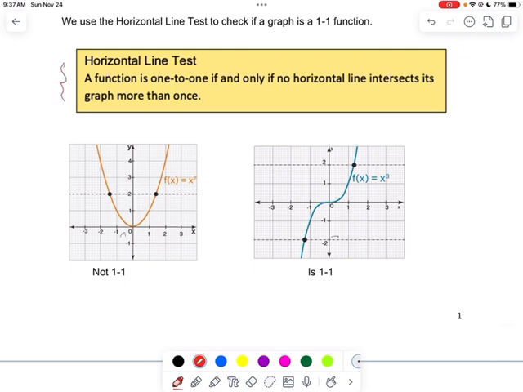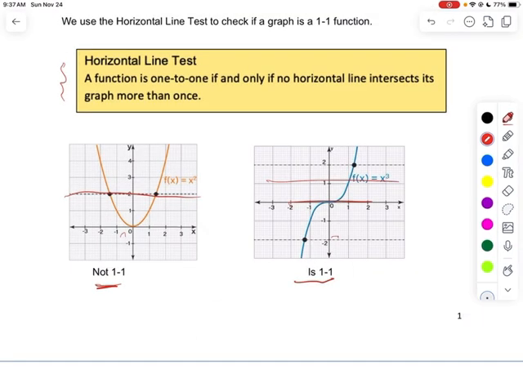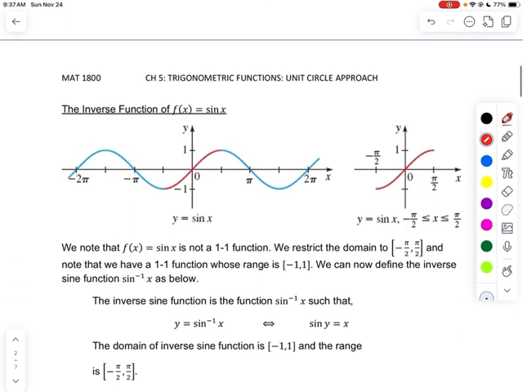Well, it means for every y in the range, it must be mapped by only one x from the domain. So here is an example of one-to-one and not one-to-one. If you note here, there are three y's, and 16 and 4 are being met by -4 and 4.